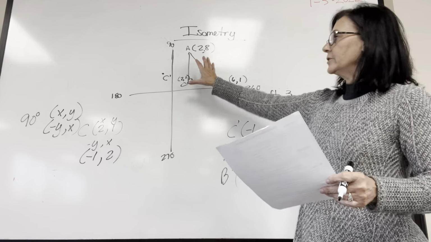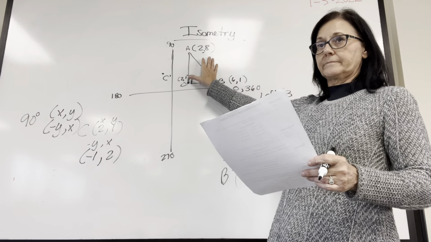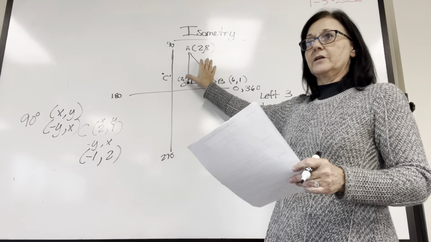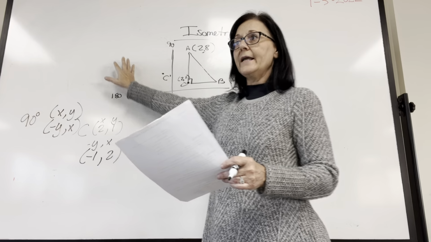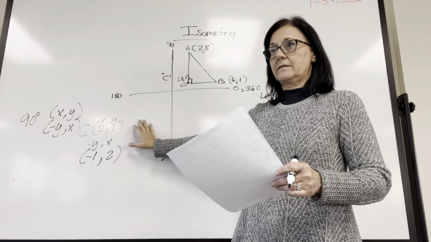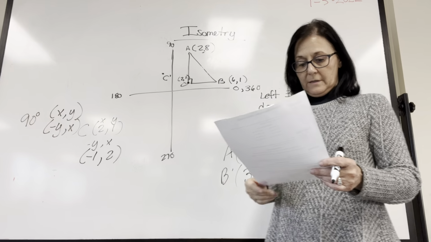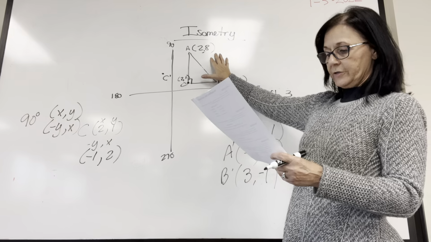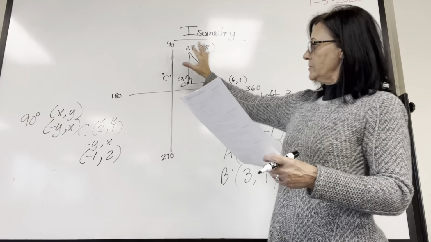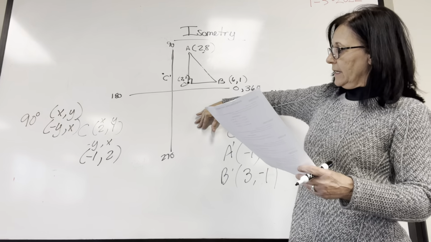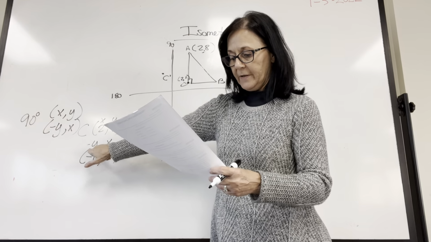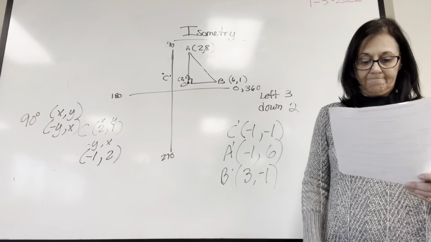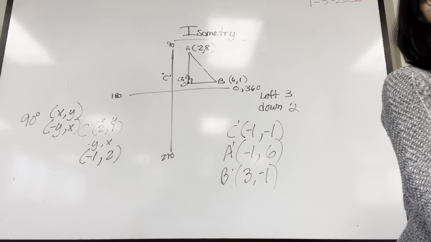If I do 180 degrees from the first quadrant, it's like two reflections: a reflection across the Y, then a reflection across the X. And if I go from 270 all the way around to here, the same thing happens, but the X changes instead of the Y. All right, not going to focus a lot on that.